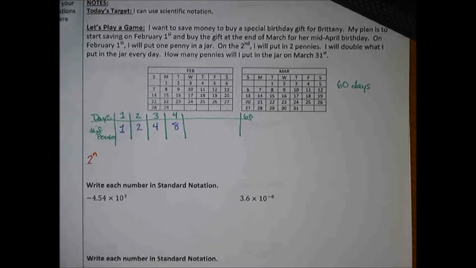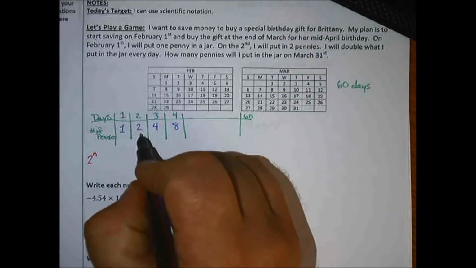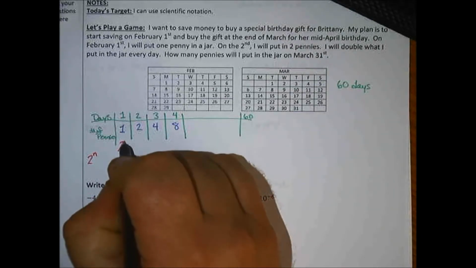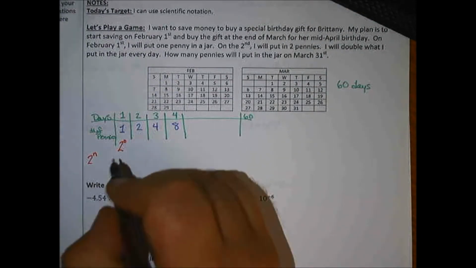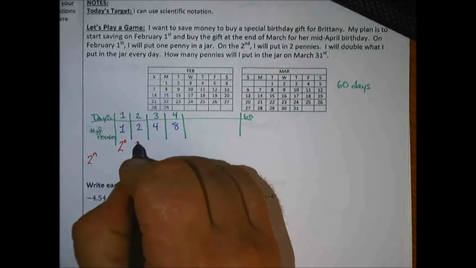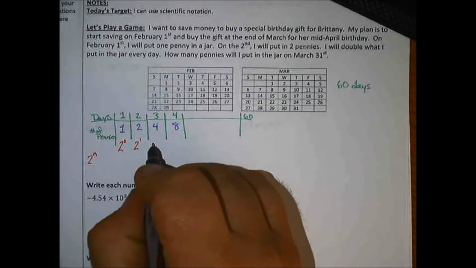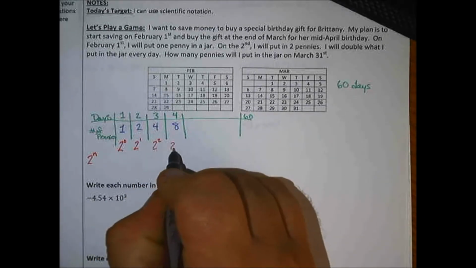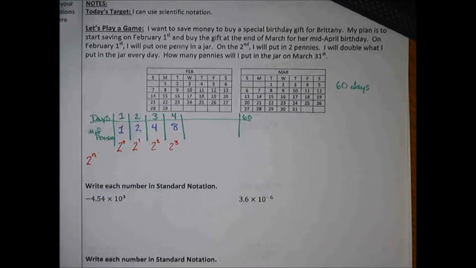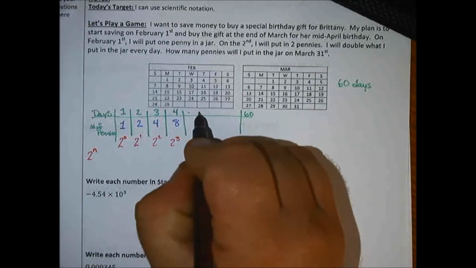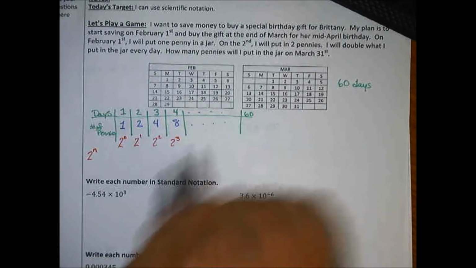All right, now to get 1 when you raise 2 to a power, well, that would be 2 to the 0 power. Okay, 2 is the answer of 2 to the first power. 4 is the answer of 2 to the second, and 8 is the answer of 2 to the third. Okay, and really what we're looking for, and I'm just going to say that there's some stuff that happens in here.